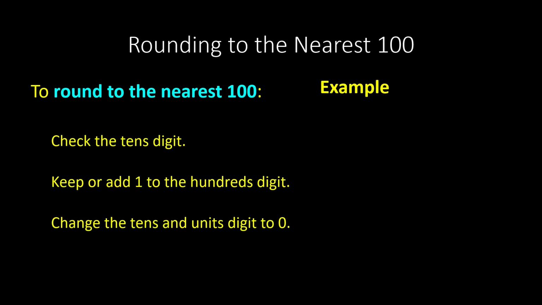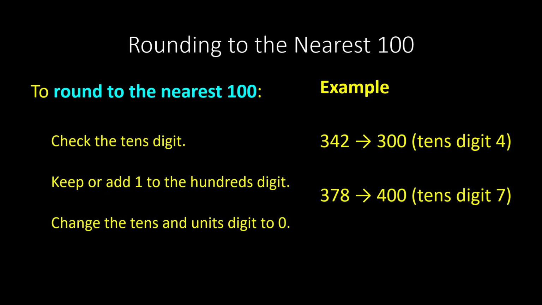So let's take a look at some examples. 342 is rounded to 300 to the nearest 100. 378 is rounded to 400 to the nearest 100.